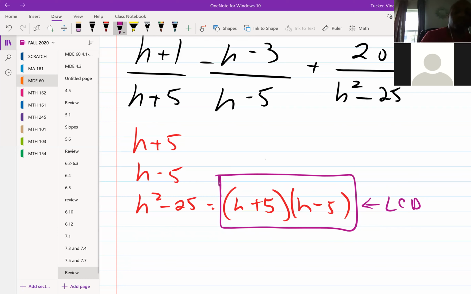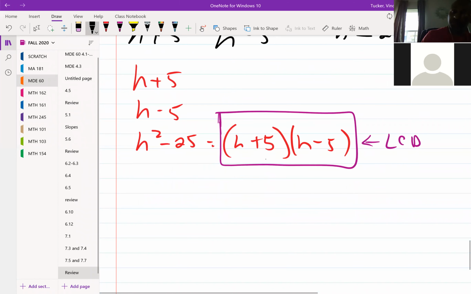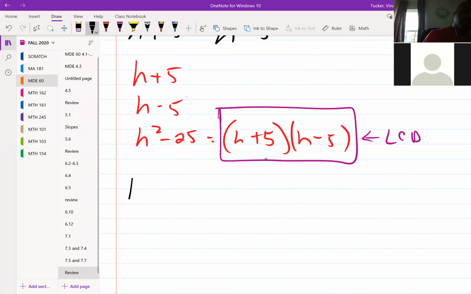Do you pick the highest coefficient? Yep. If you have just regular numbers, they're part of your LCD as well. I think that's part of one of the problems I sent you with the early chapters. Okay, I'll take a look at it.